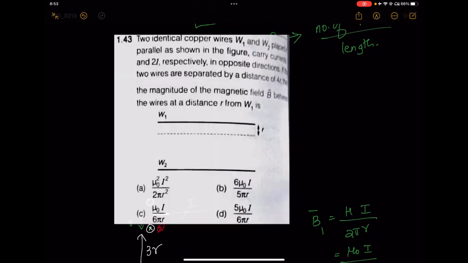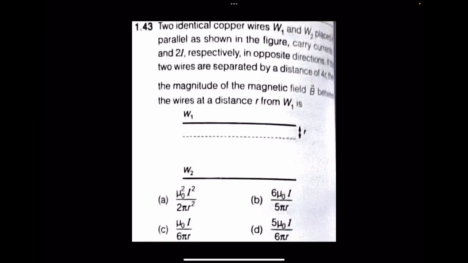And one simple problem we can attempt is this GATE question. In 2019 they asked, 2 marks they offered. If you have 2 current carrying conductors, W1 carries I amps and W2 carries 2 I amps.